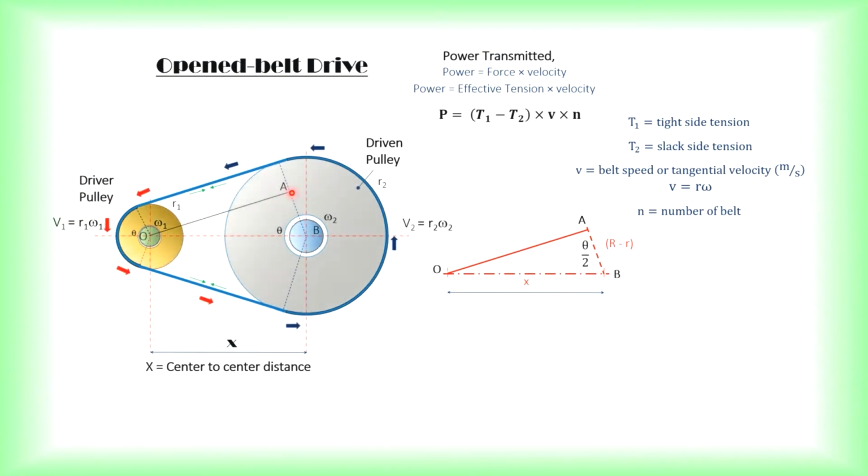So this line here, O to A, must be parallel to this belt. Then you have the center to center distance, which is X. And this length here can be found by taking the radius R2 minus the radius R1. So you have R2 minus R1 here.